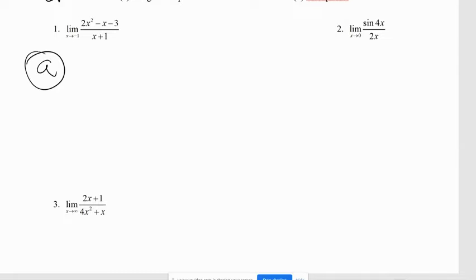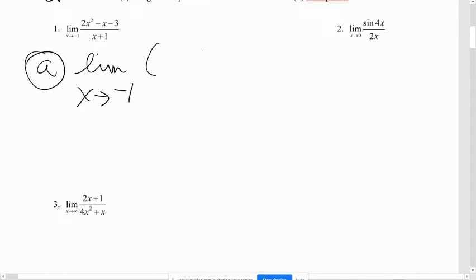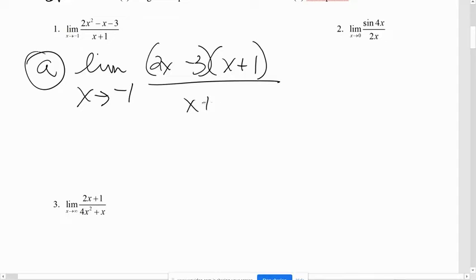So then usually the next option was factoring, and this one is factorable. So we do the limit as x approaches -1 of 2x minus 3 and x plus 1 over x plus 1, and then those cancel.